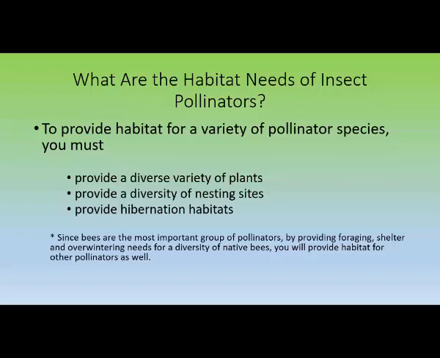So something to think about is that you provide good habitat, a variety of plants, good nesting sites for bees, and that will translate into suitable habitat for a whole variety of the other pollinators as well.